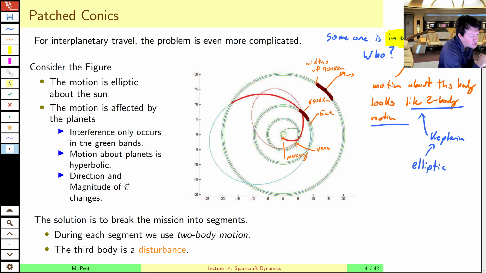That's the point. So we have this idea of a patched conic. Conics refers to the ellipses, or, of course, the hyperbolas. So patched conics means when you're in this band right here, you are in an ellipse around Mars, or a hyperbola on Mars, a conic around Mars.